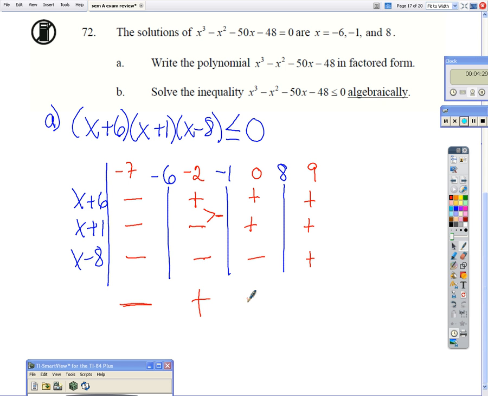Here we're going to have a positive times a negative, and all positives. So we want less than or equal to 0. So that happens here. So that's when x is less than or equal to negative 6. And here, with this negative, when x is less than or equal to 8, but greater than or equal to negative 1.